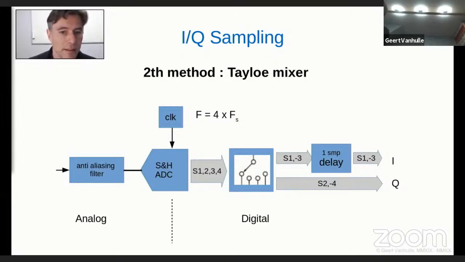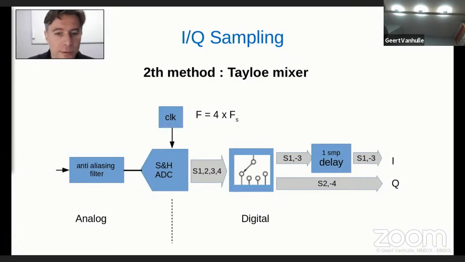It will send the first sample to a first stream of outputs and the second sample to a second stream of outputs. The third sample, it will output on the first stream, but inverted. Remember the 180-degree shifts in the analog circuit? So we will mathematically invert it here inside the digital stage.